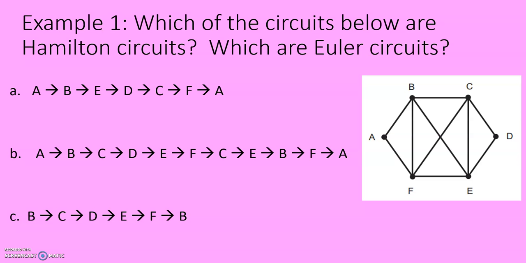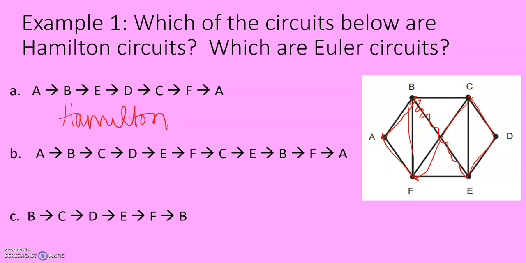So looking at letter A, we start at vertex A, go to B, E, D, C, F, and A. We used every vertex, so it is a Hamilton circuit.